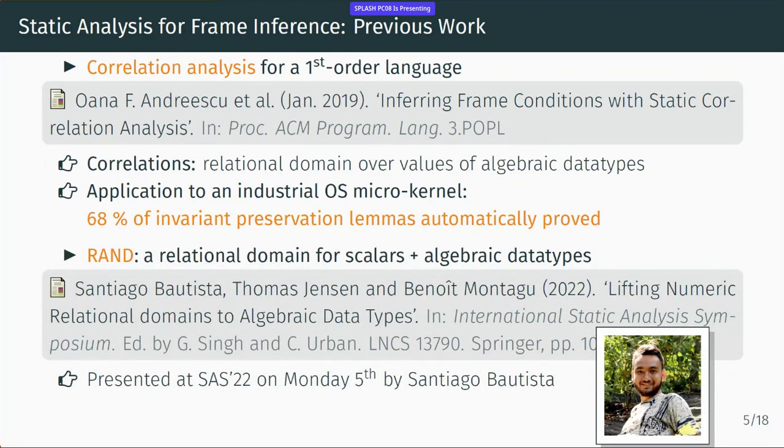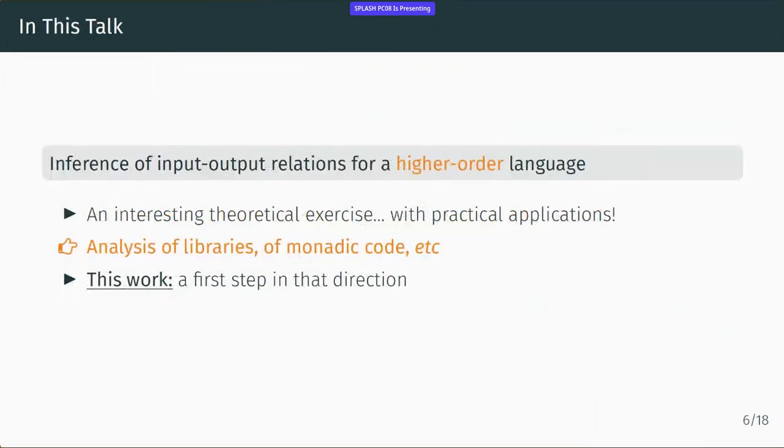More recently, we have extended this work to handle programs that also perform arithmetical operations, so that we could infer frames that involve numeric constraints between the input and the output. And you might have seen Santiago's talk on Monday at SAS that was specifically about that topic. Okay, but today we focus on higher order languages.